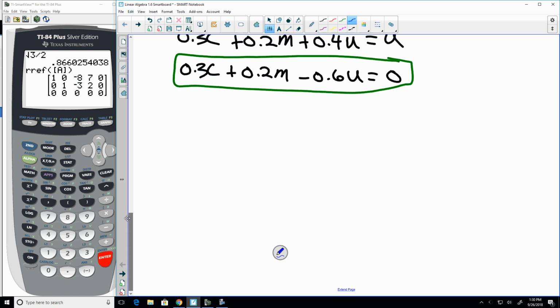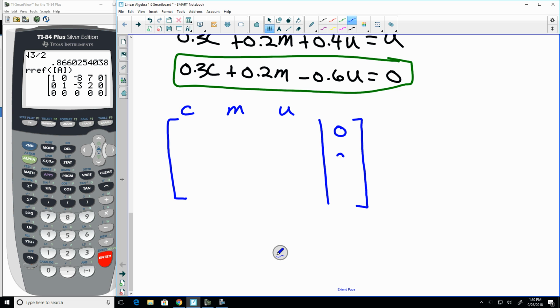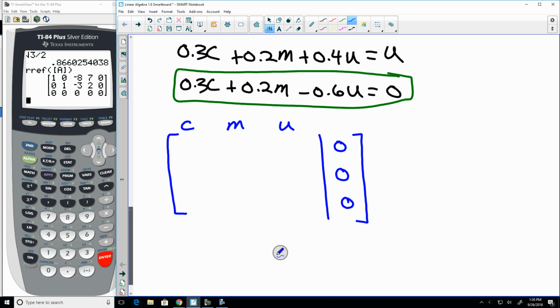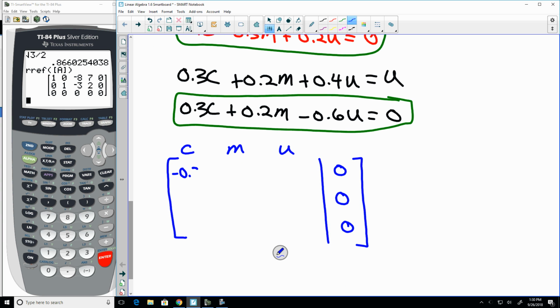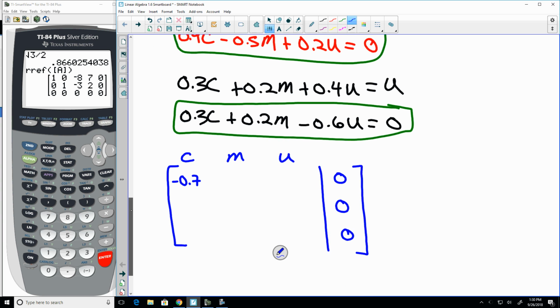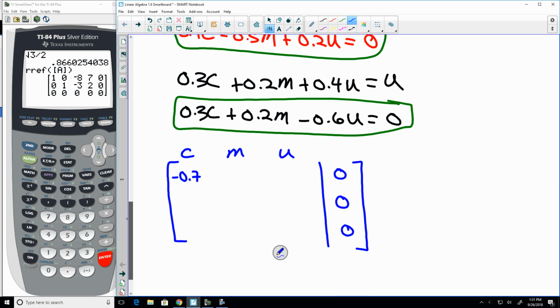Okay, so we're going to have a matrix. Variables are going to be C, M, and U, augmented with 0. So negative 0.7, 0.3, 0.4.